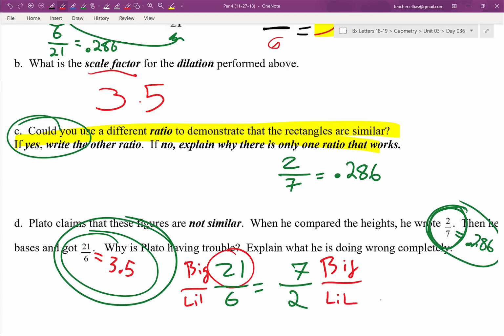Has to be the big number on top, the little number on the bottom. What he did over here is he reversed it. He did the little 2 on top and the big 7 on the bottom. He's mixing it up.